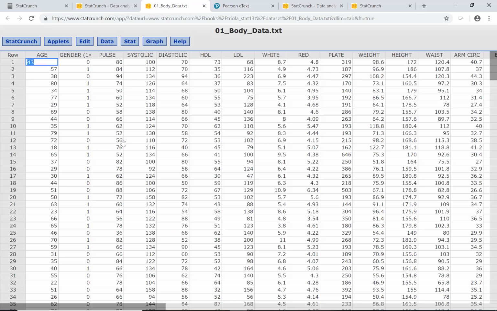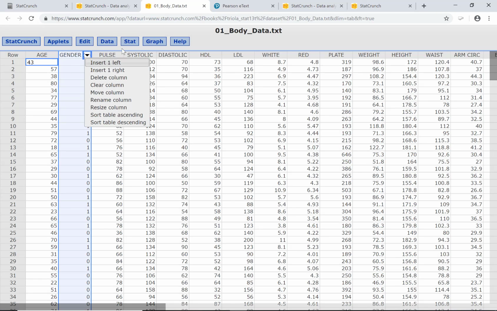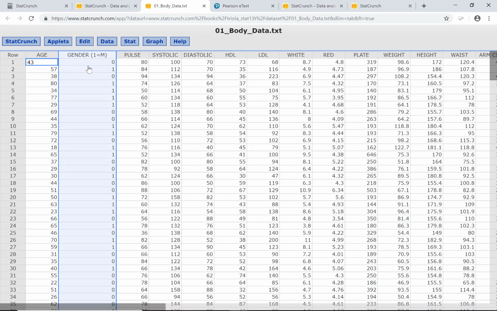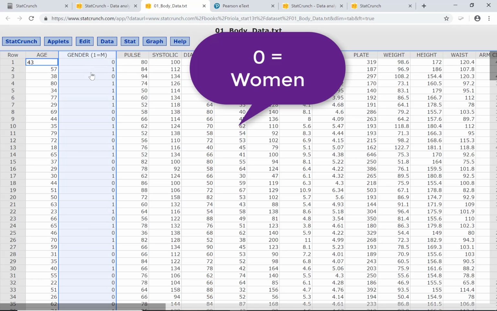I want to find women, and I want to do diastolic. Let's see what gender is. I'm going to make this bigger. Okay, 1 is men, 2 is women.